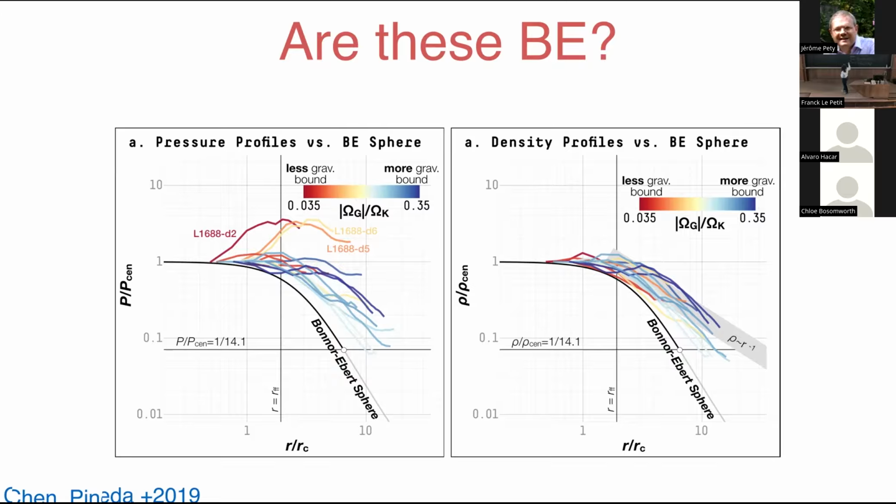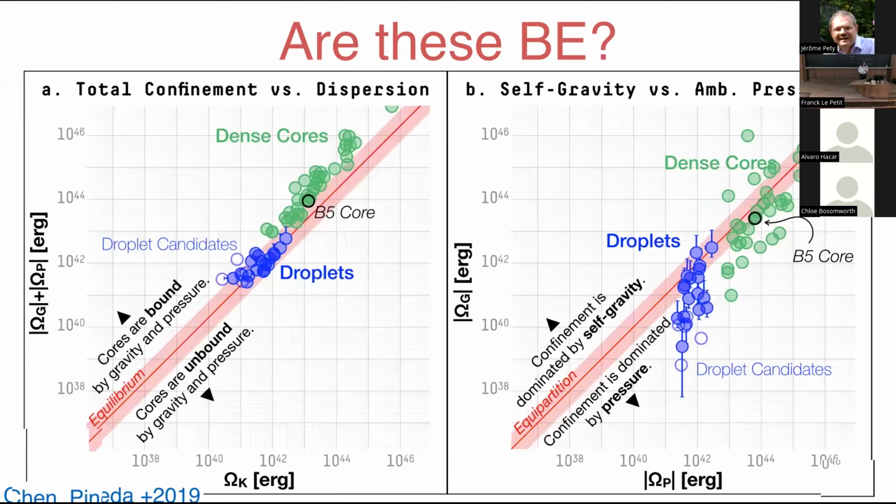Not a good match in terms of density profiles. Also, the density profiles have a much flatter profile than expected. So it's possible that these are objects that are on the way of forming a core. That would be a nice idea, that you can see the seeds of the future cores.